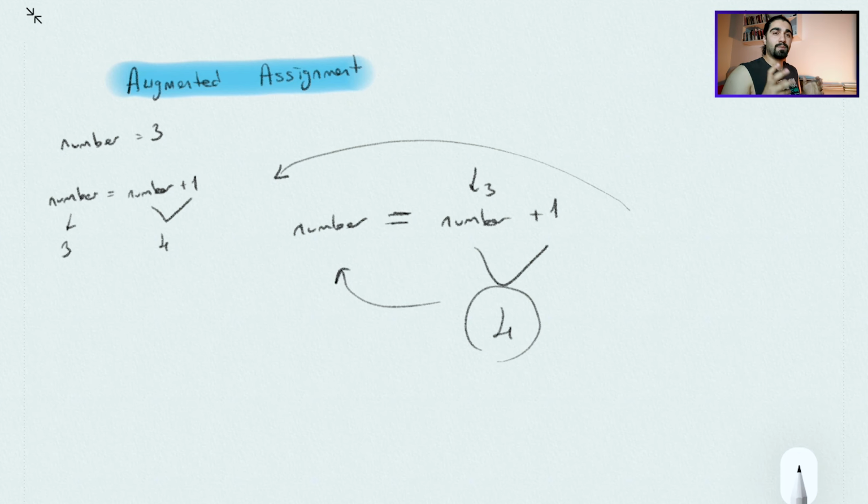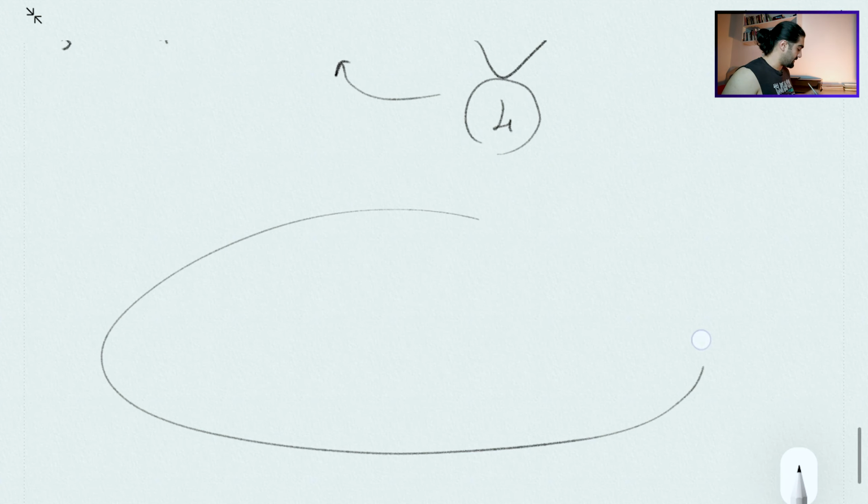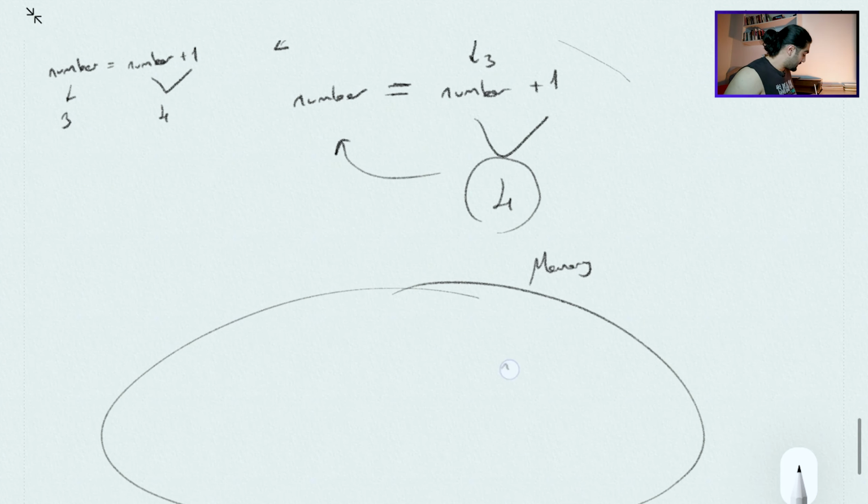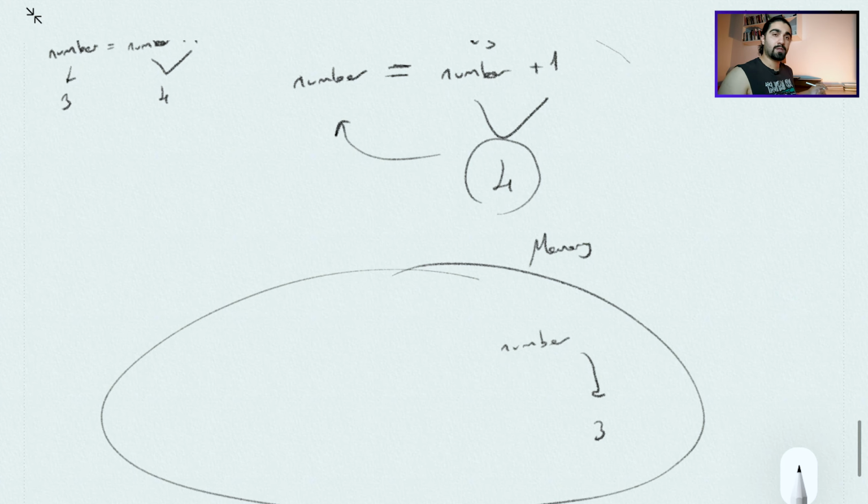Here I'm going to explain how it actually works in our memory. Let us just draw our memory. So it's our memory. And the first time, number is equal to 3. For example, this is our number and it shows 3. I explained how we represent values and variables in memory in our previous video, so you can check it out.